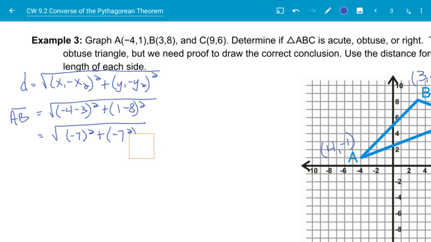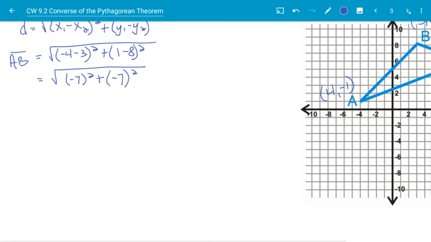I put that on the wrong side; it needs to go on the outside. So -7 squared is 49, plus -7 squared is 49. So then I have 49 and 49 gives me 98, the square root of 98.